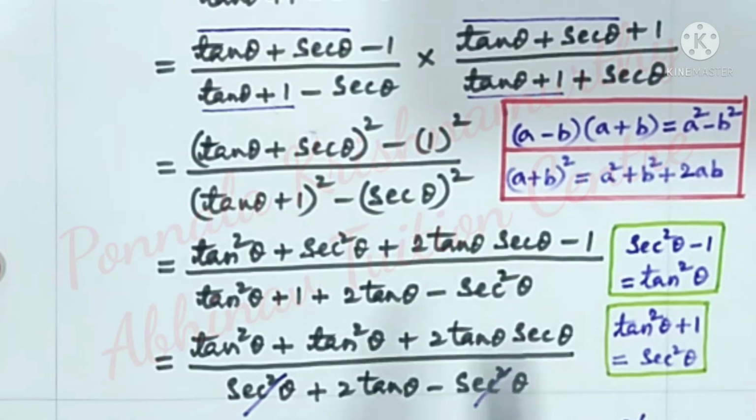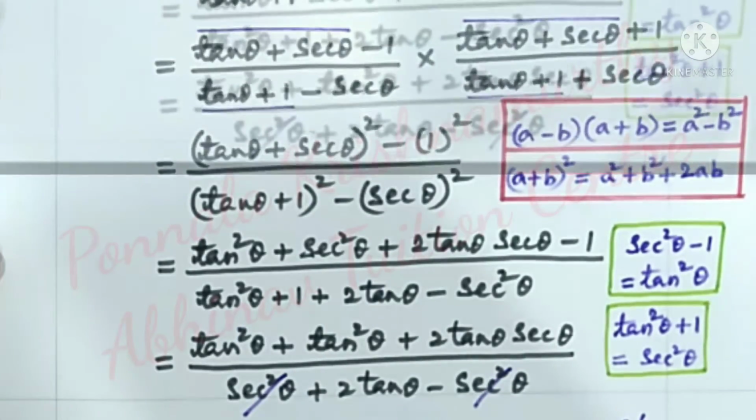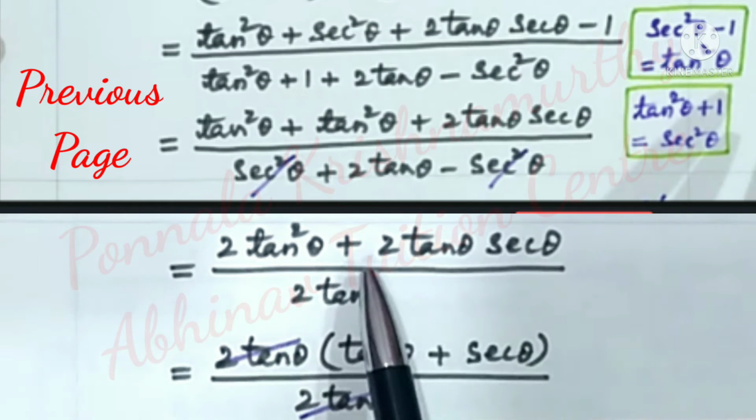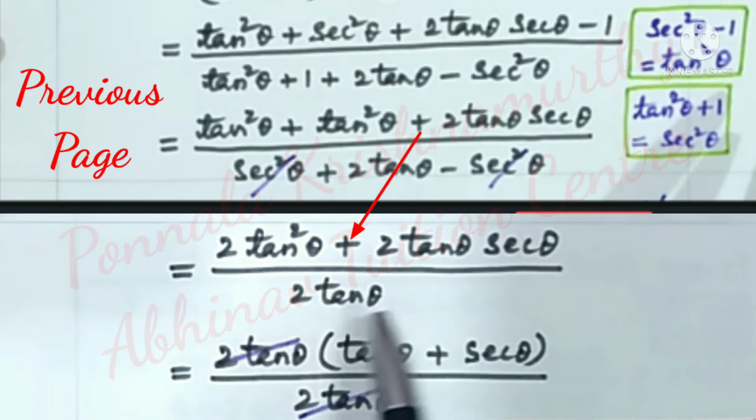In the next step, tan square theta plus tan square theta is 2 tan square theta plus 2 tan theta secant theta by, these two are cancelled. So 2 tan theta will be in the denominator. That is equal to (2 tan square theta plus 2 tan theta secant theta) by 2 tan theta.